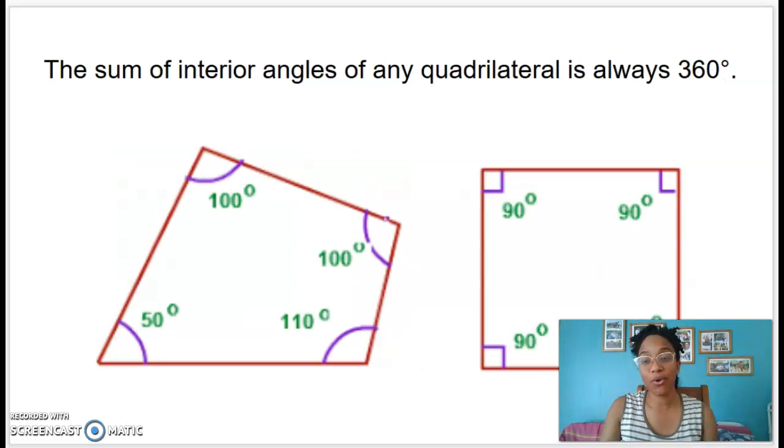The next thing we know about all quadrilaterals is that when we add up all the angles that are inside the quadrilateral, it has to equal 360 degrees. Now that we know this, we know all the angles add up to 360 degrees, we can use this to find missing angles. This is when we use mystery math or algebra.